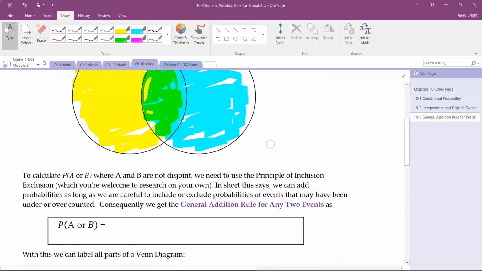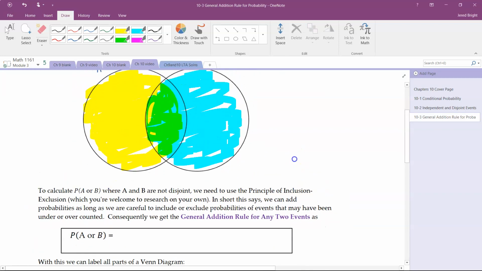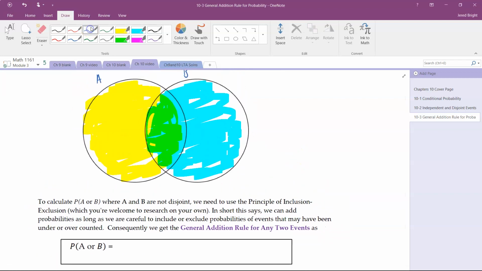If we look at this carefully, I've added in P of A, if I'm looking at P of A or B. I've also added in P of B, the chance of B happening. But where they overlap, that forms green, and I ended up counting that area twice.